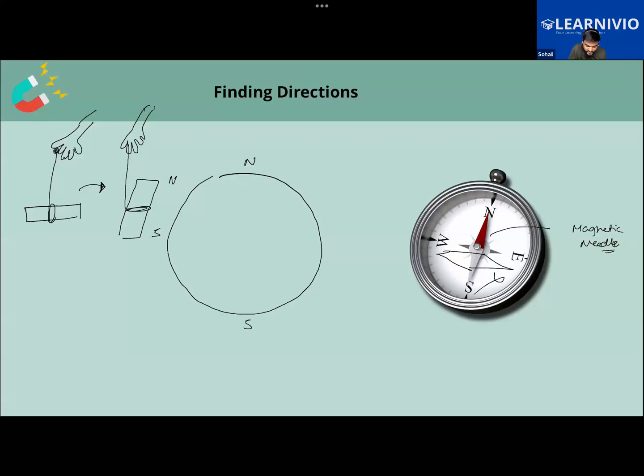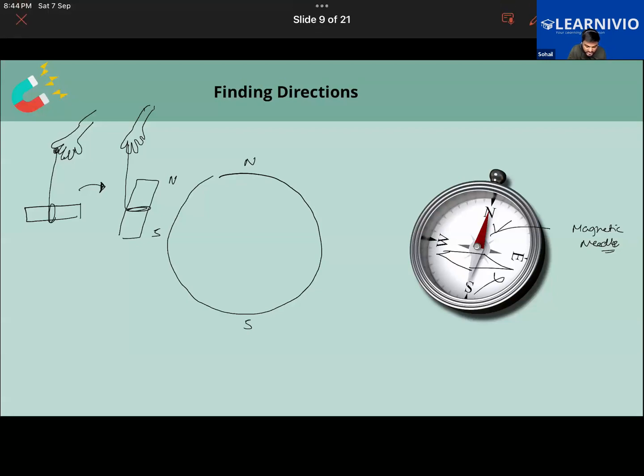Not like this. It will always be pointing in the north-south direction. And thereby, with the help of this, sailors in the sea can find in which direction the north is. Hope you guys have understood this. If it's clear, please let me know. Yes, sir.